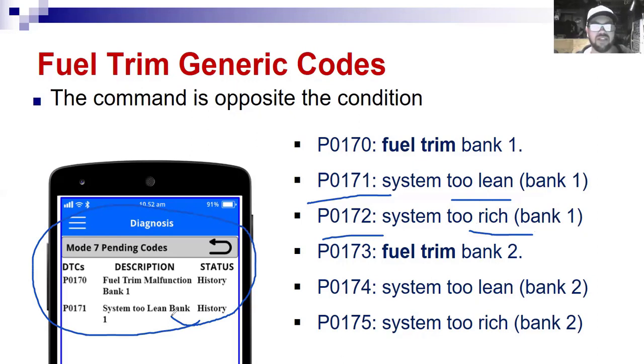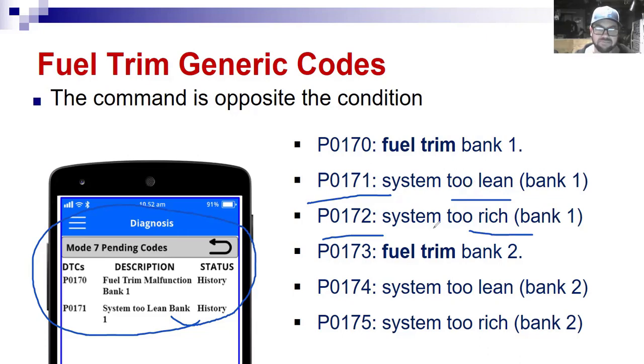It would have to run that monitor again, see that failure happen a second time consecutively, and then it would turn on the check engine light. And that's why my tip was always verify your repairs and check for pending codes after your test drive, right? So we have a couple pending codes on this thing for the vehicle running too lean, a 170, 171 code here.